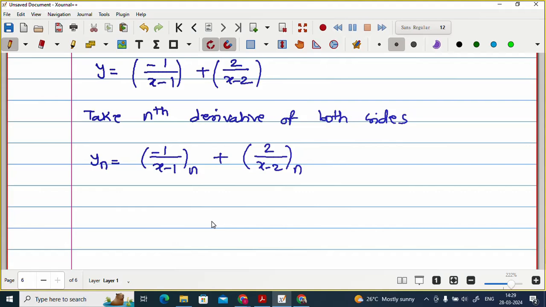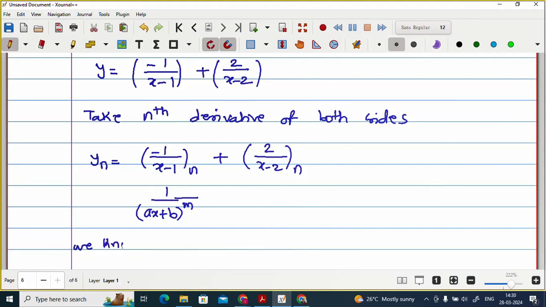Okay. Now here, these terms are in the form of what? 1 upon ax plus b. The minus sign you can take outside. This is in the form of 1 upon ax plus b, bracket raised to m suppose. But here m is 1. So what formula do we have? If you go to that formula list, you will find the formula for that. Let us write it here.